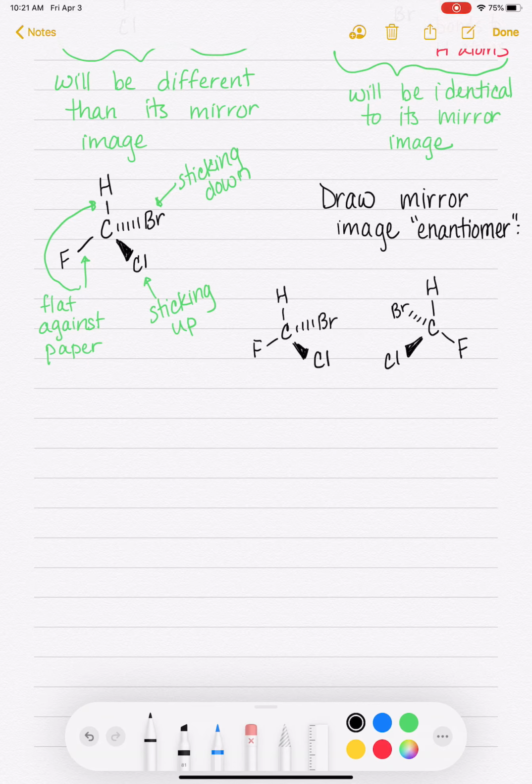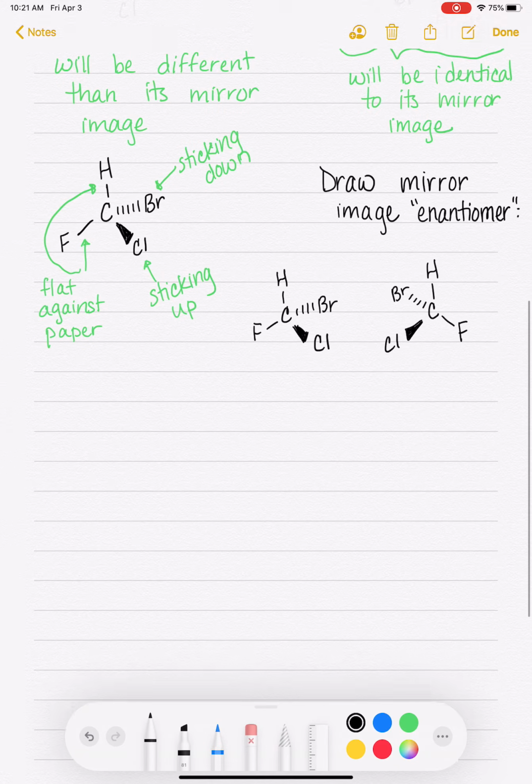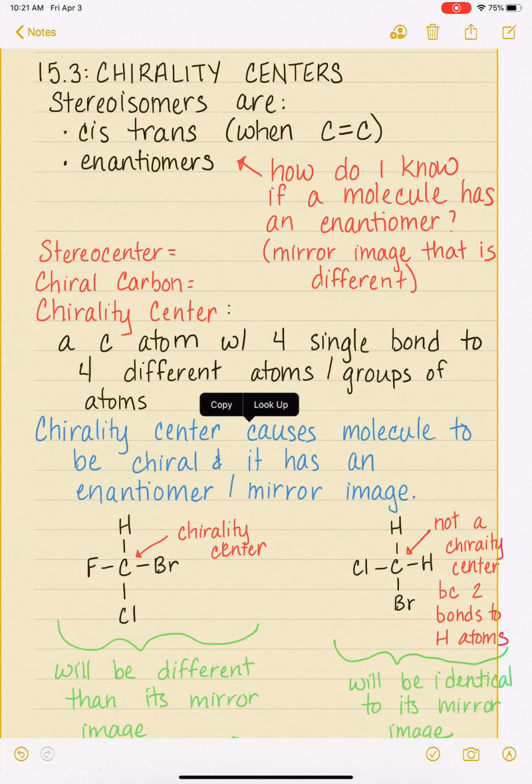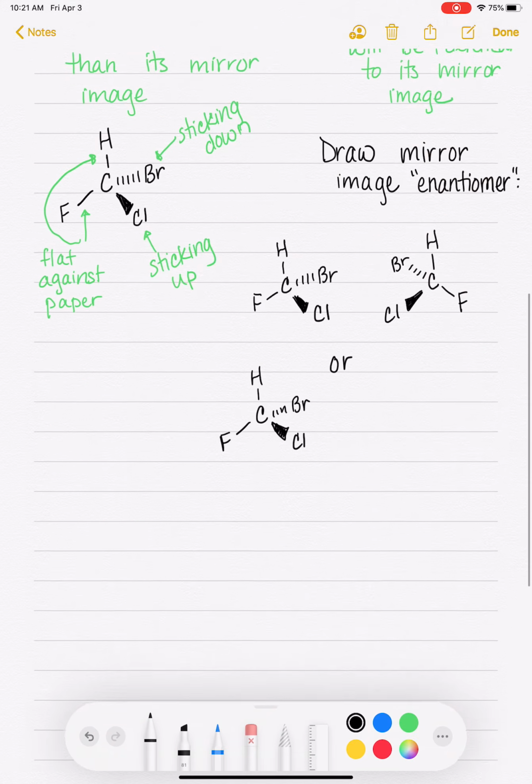To me, this is usually the easiest way to draw the mirror image of a molecule. Another way that we can draw the molecule's mirror image is to simply swap the wedge bond for a dash bond and the dash bond for a wedge bond.